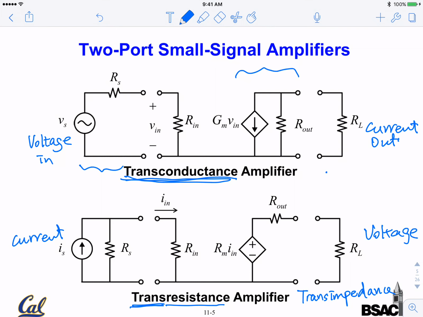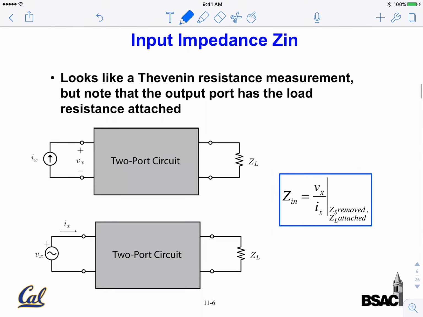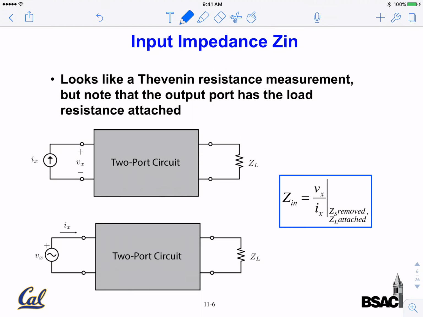These are generic models. So we haven't talked about what's inside here. And we can convert even a very, very complicated voltage amplifier eventually into this two-port model. The circuits we're going to talk about today are minimally complex, with 1 transistor as the active element.